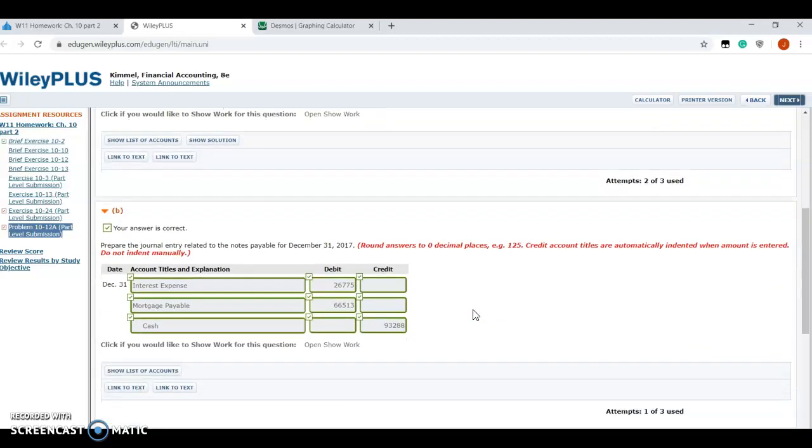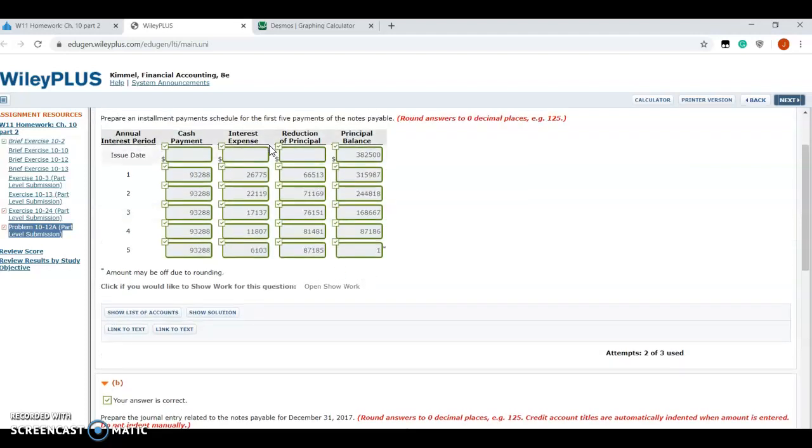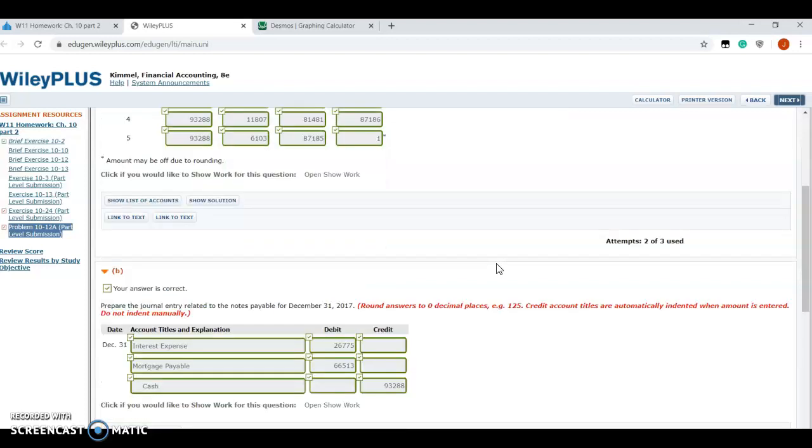Okay, moving on. Part B is going to be the journal entry for December 31st, which is the first year of this piece of equipment. So we're going to debit our interest expense for $26,775, which if we go back to the top of our amortization, the interest expense in the first year is going to give us $26,775.